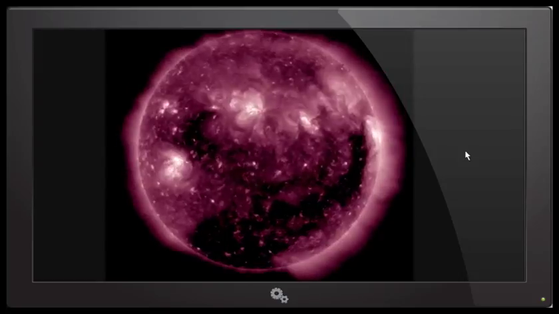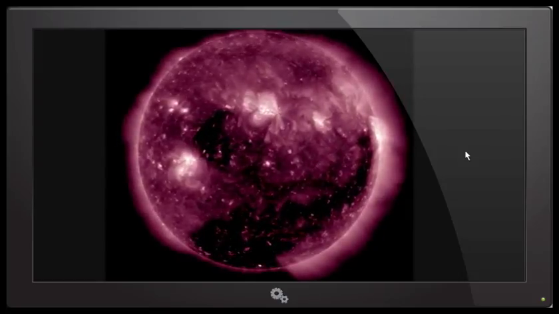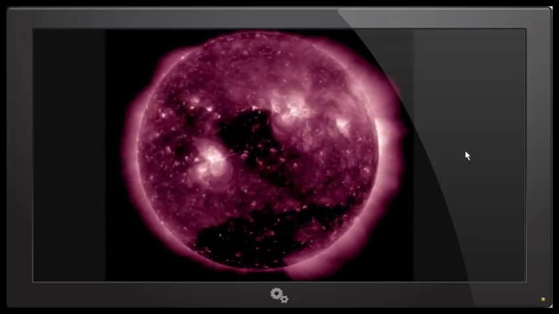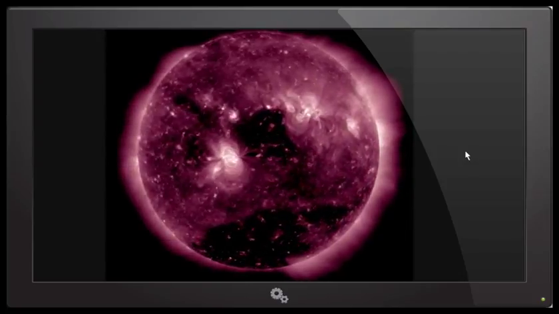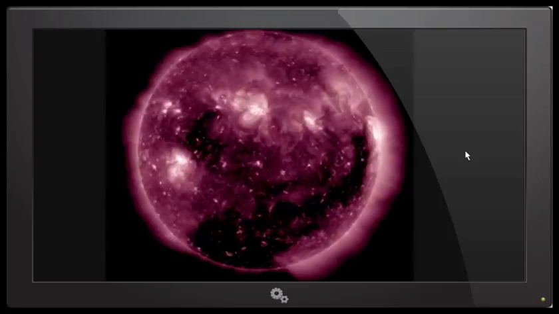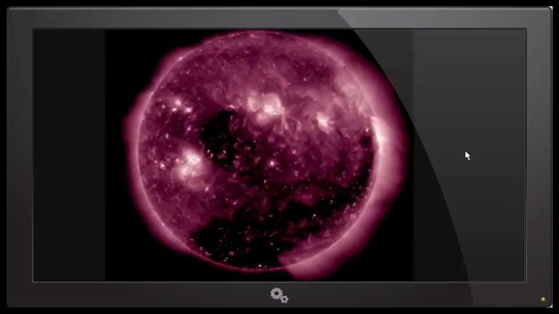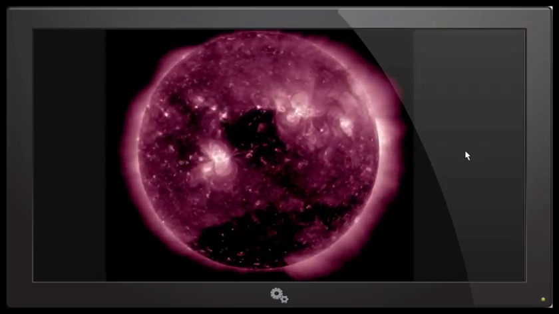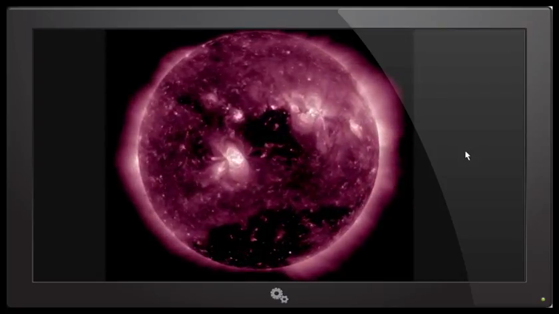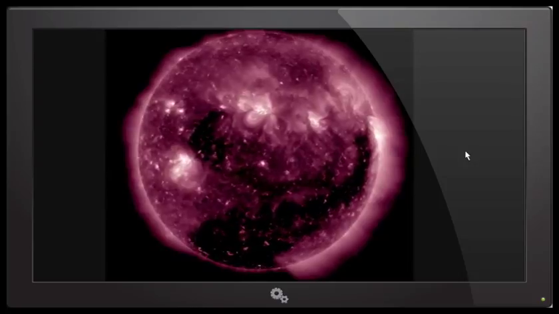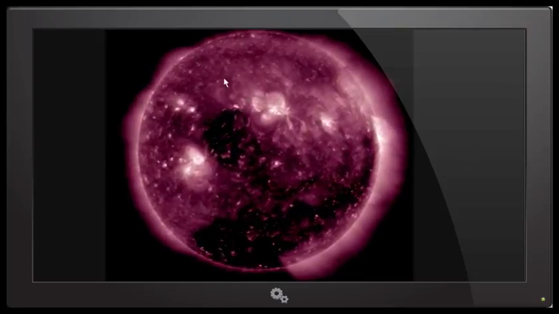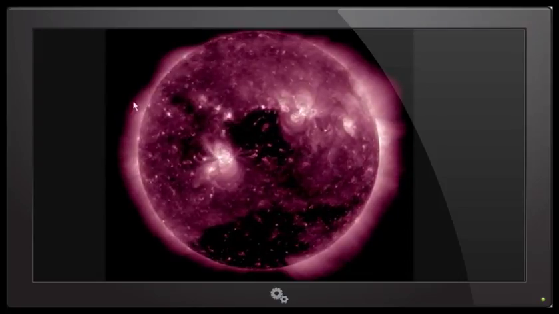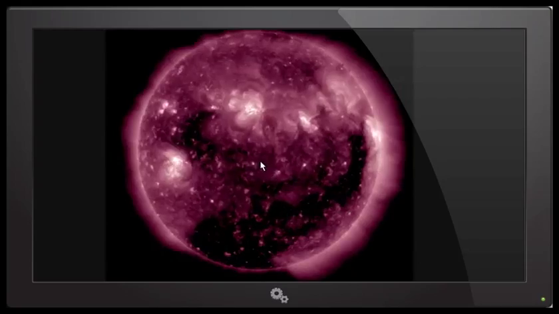We cannot see behind the sun at this time. The craft, the satellite that was behind the sun that was monitoring this activity, supposedly was damaged and taken down by NASA. We believe that to be completely false, because if we had a view behind the sun, we would be able to see what is occurring over in this region, and this is where the coronal holes roll around right into our view.